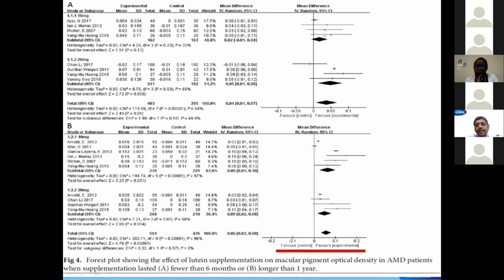And this is the part where we can focus. We can see the diagram here.